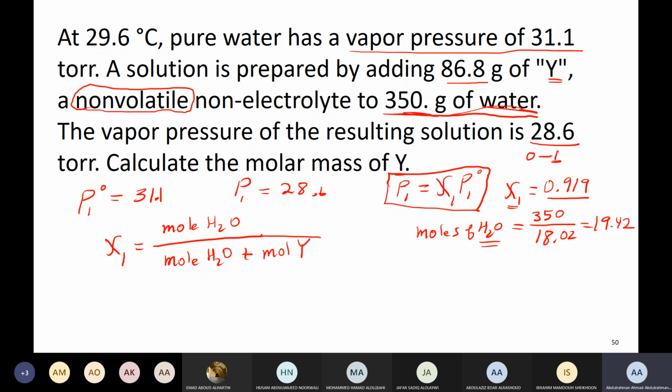Can you calculate from this now? We have 0.919 equals 19.42 divided by 19.42 plus mole Y. Can you tell me what's mole Y?